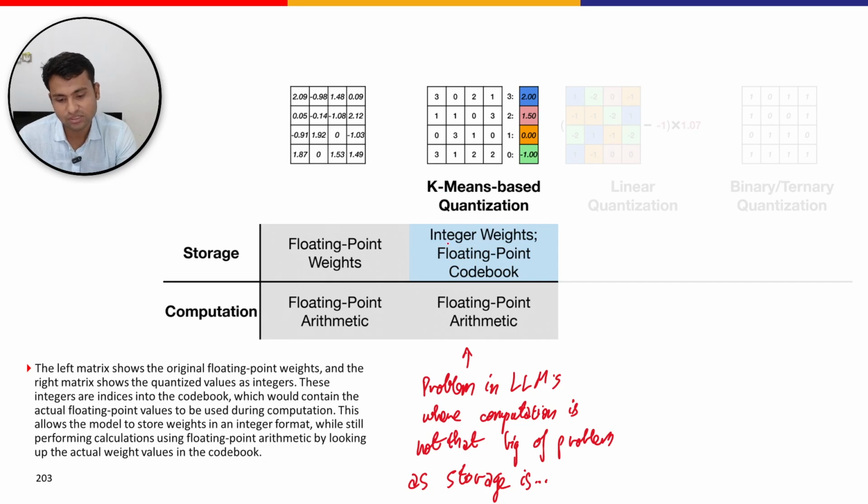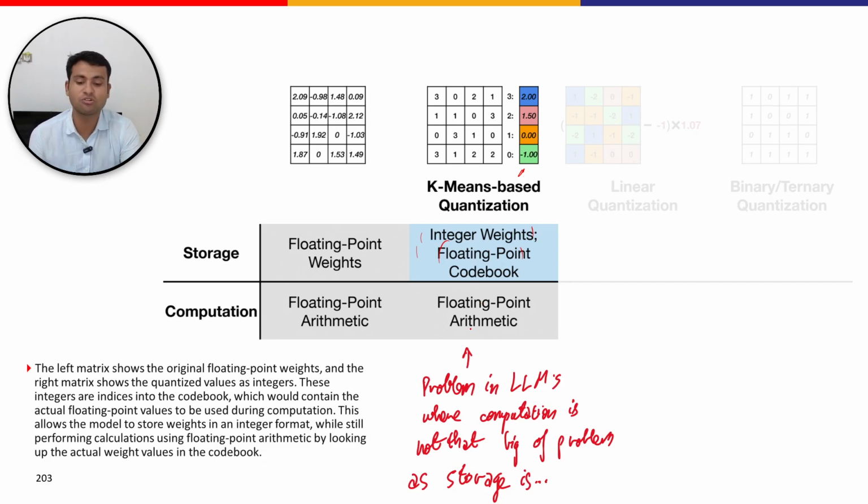Whatever the weights are, we represent them with integer weights, and then we have a floating point codebook, which you see here. In a minute, I'll tell you how we calculate that. Then whenever we have to do the arithmetic or the computation, which is weights times activation, we convert from this integer representation to a floating point representation.